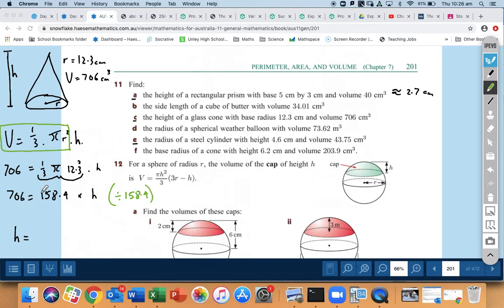You need to do that here, and you need to do it over here as well. Otherwise, the equation won't be equal anymore, right? So the answer is going to come from taking 706 and dividing by 158.4. Let's see what that equals.